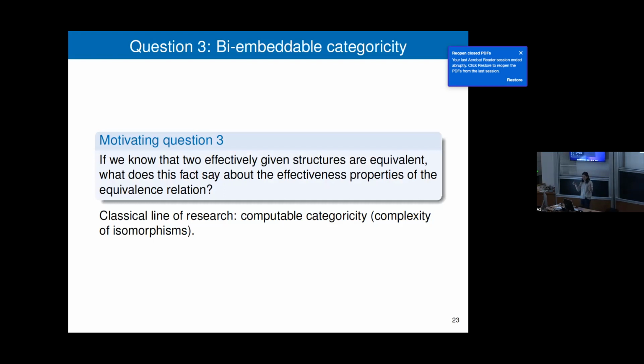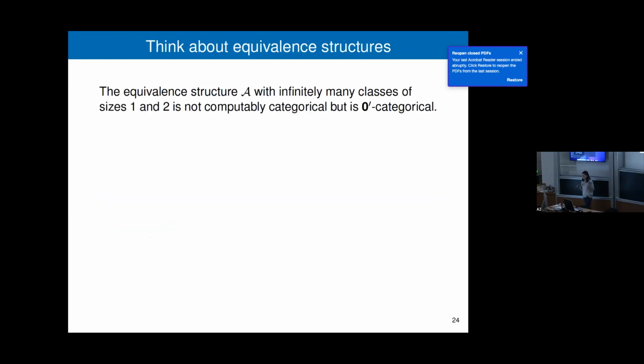We now have two, let's say, computable structures that are bi-embeddable. So what is the complexity of the embeddings? Again, let's think about equivalence structures. They will appear a lot throughout this talk.